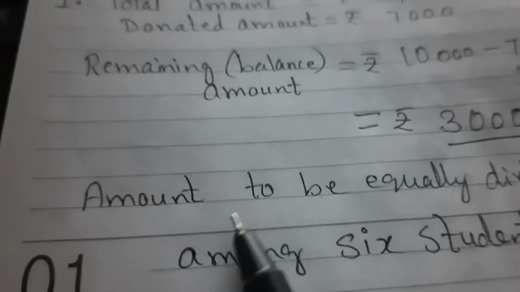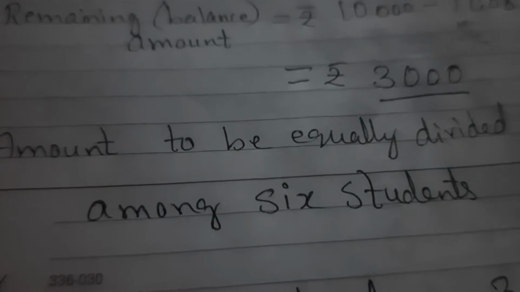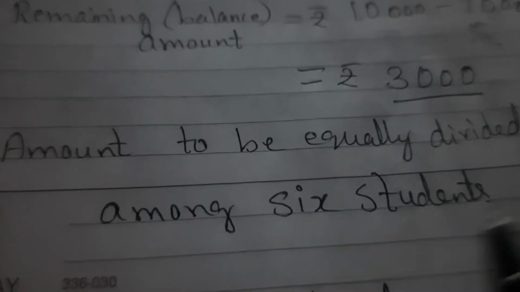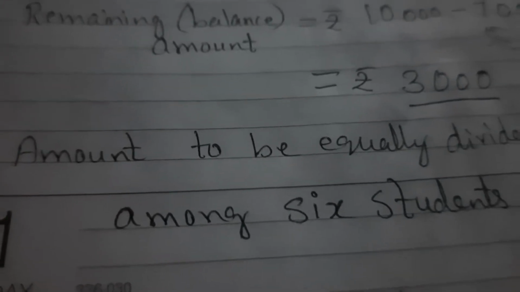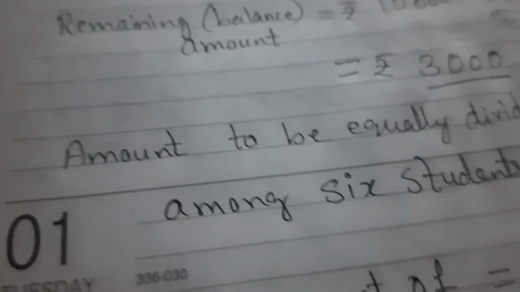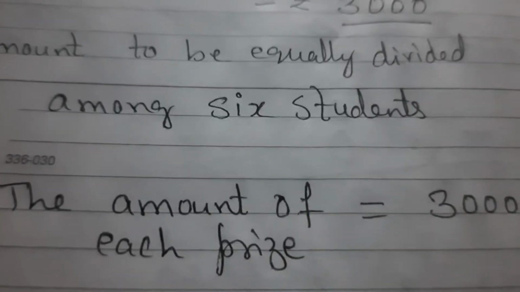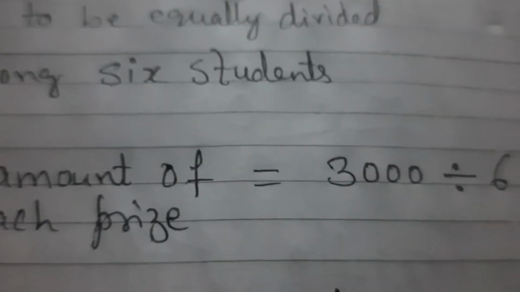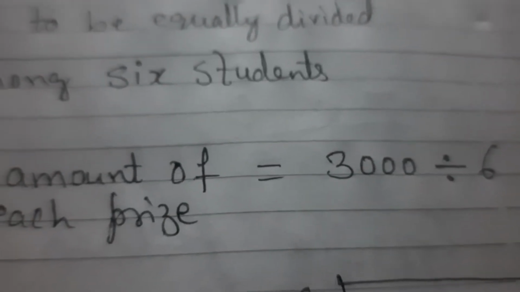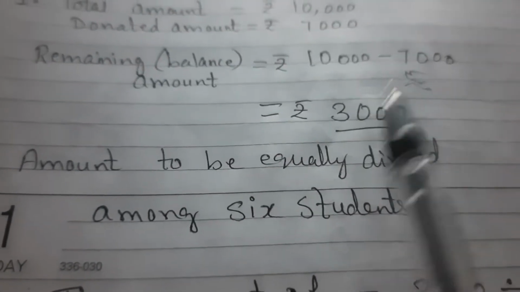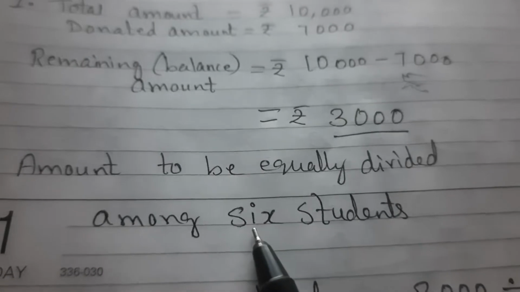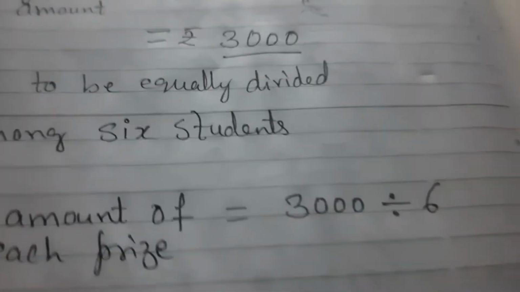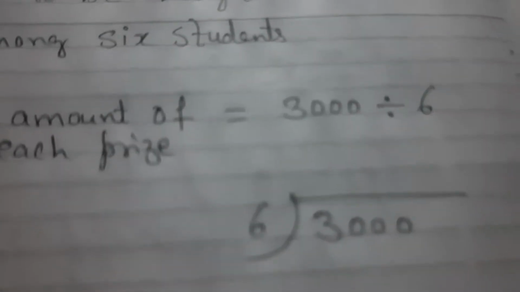Now the amount to be equally divided among 6 students. So the amount of 3,000 will be divided by 6 children. This 3,000 has to be divided among 6 students. So let us divide and find out what is the answer.